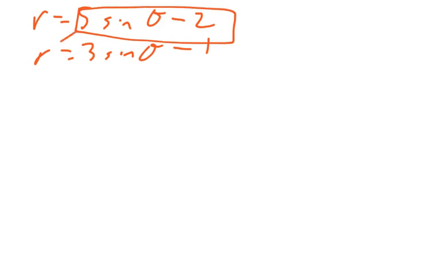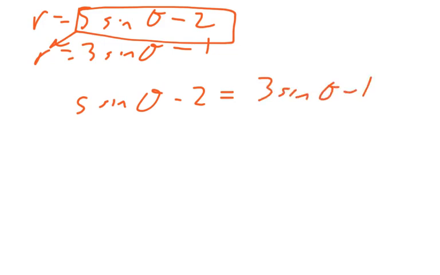And so let's start out with 5 sine theta minus 2 and 3 sine theta minus 1. And the problem was when I substituted in wrong stuff. So r equals 5 sine theta minus 2 equals 3 sine theta minus 1.